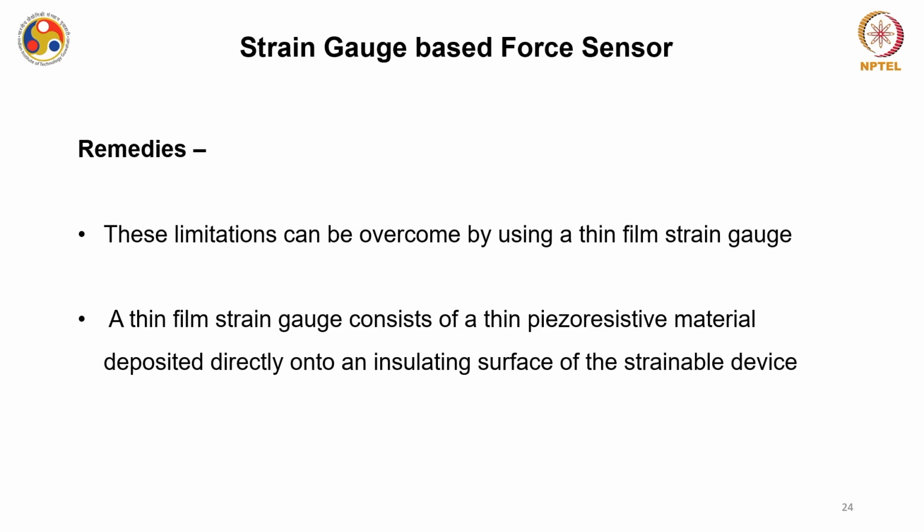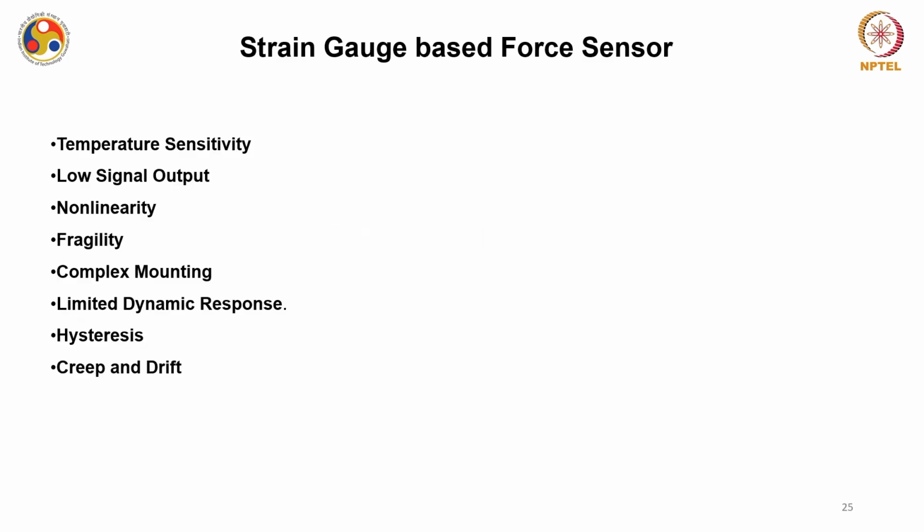So, a thin film strain gauge consists of a thin piezoresistive material which is deposited directly on an insulating surface of a strainable device. The thing is very simple. You simply coat the piezoresistive material on the insulating surface of the strainable device, and you measure the strain in the piezoresistive force sensors directly.